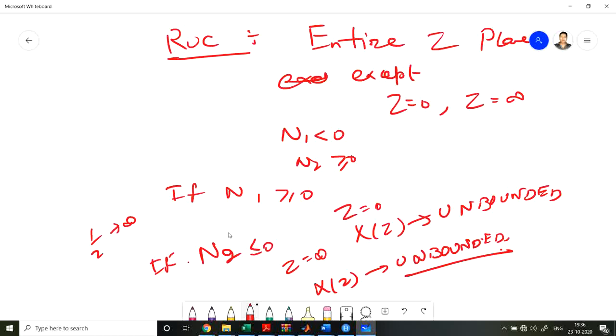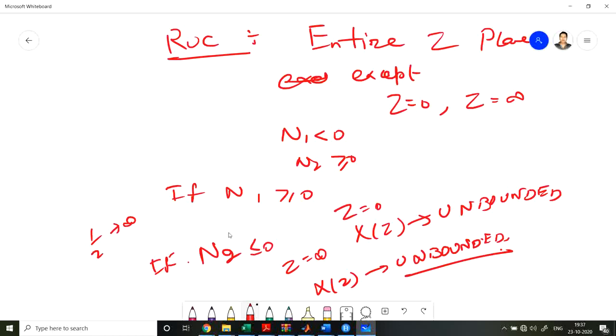So at z equal to 0, no problem, X(z) will converge. But when we put z equal to infinity, it will not converge. So basically we will get an unbounded result.